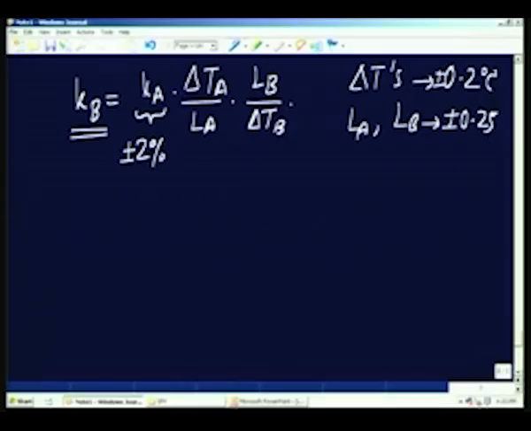So all I have to do is to calculate using the logarithmic differentiation method.